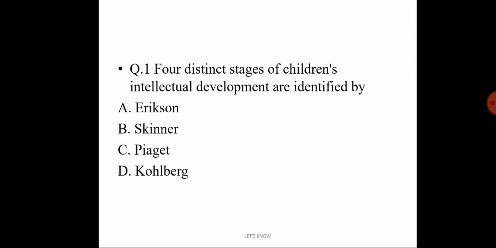First question: 4 distinct stages of children's intellectual development are identified by. Options are given: Erikson, Skinner, Piaget, and Kohlberg. Here, first option, Erikson was a psychologist.